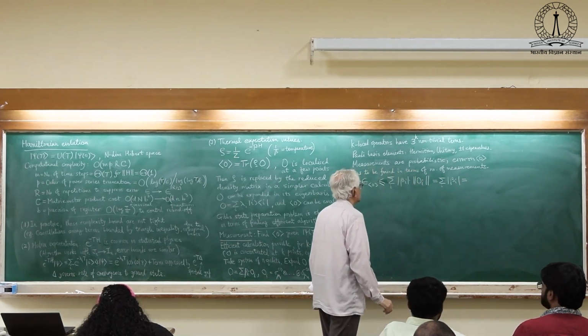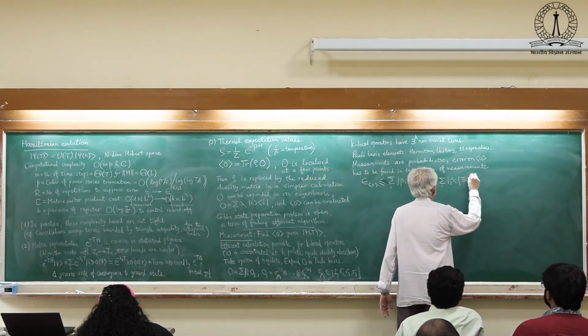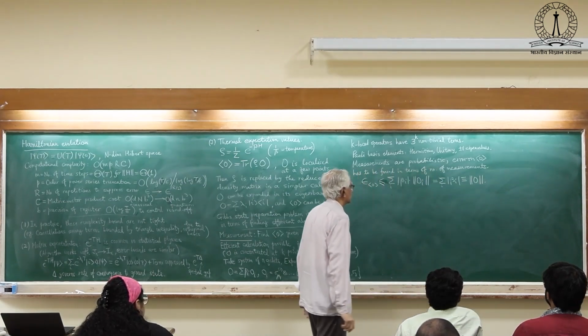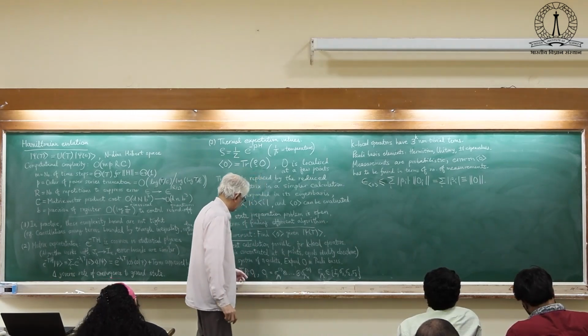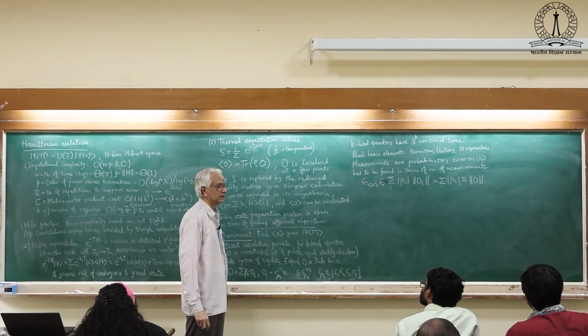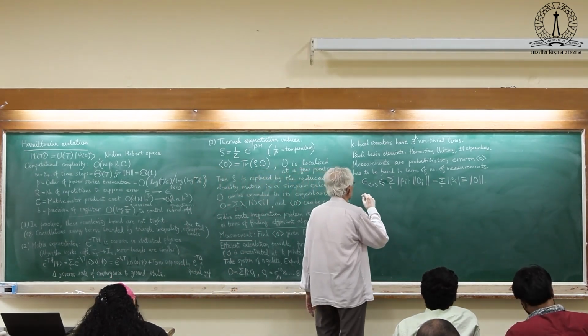And this object I can kind of define as some sort of norm of the operator. Okay, it's a linear norm, but you can take it to be a definition, it doesn't matter too much.